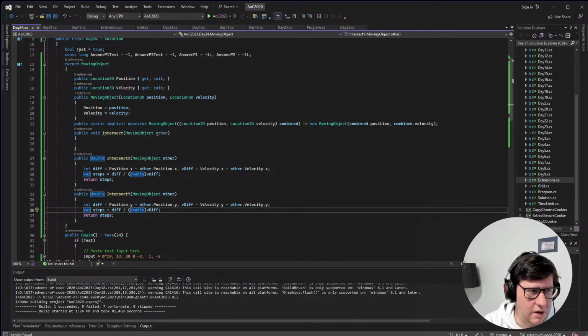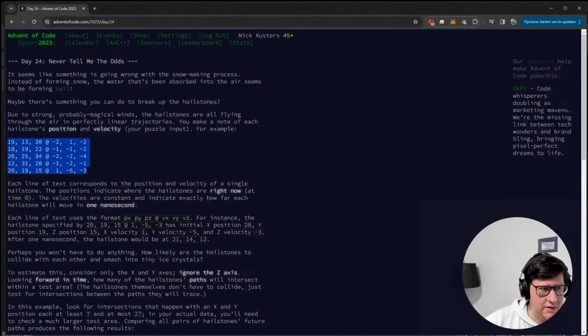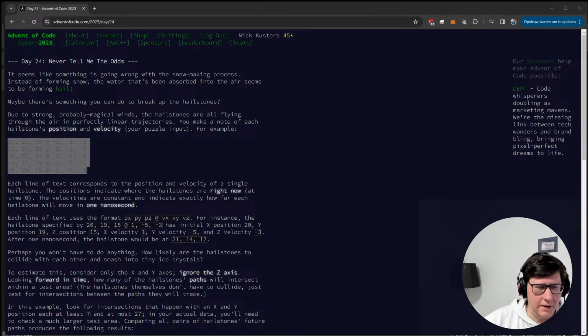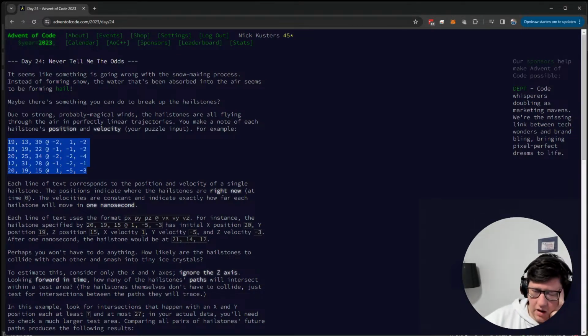But I don't think that it would even matter, because this doesn't really involve how big the data is, because this will just tell you how many steps it would take to get there, and then you can apply that times the original velocity, and then you will have the position that it intersects.